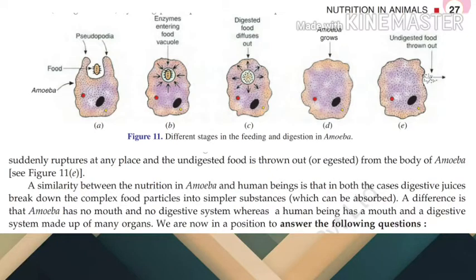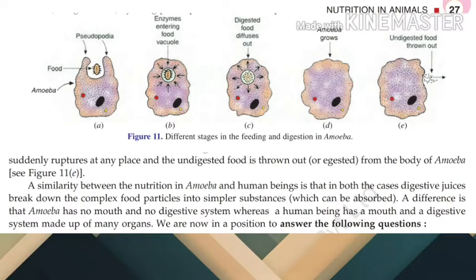The amoeba has grown, so food has been assimilated, it has been used for growth, isn't it? And E indicates how the undigested food is thrown out, that is the process of egestion. Okay? Yes. So in this way the process of feeding and digestion takes place in amoeba.